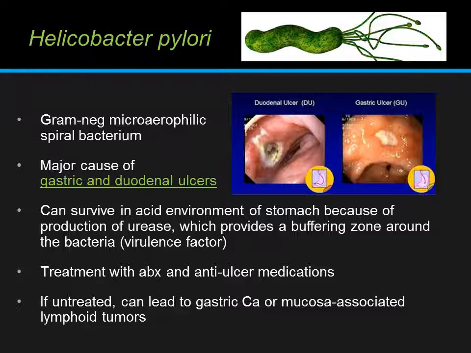Besides the discomfort and the other signs and symptoms from having these ulcers, they can lead to gastric cancer or mucosa-associated lymphoid tumors. So what a wonderful thing that now we can actually get rid of this organism in individuals that have developed the ulcer.